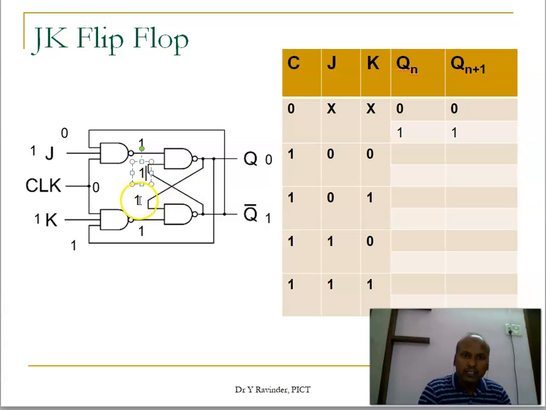This 0 comes here, 0, 1, 1. So no change. So when the clock is 0, the output will remain as it was earlier. So that is Qn equal to Qn plus 1. So Qn plus 1, the next state, is equal to the present state.